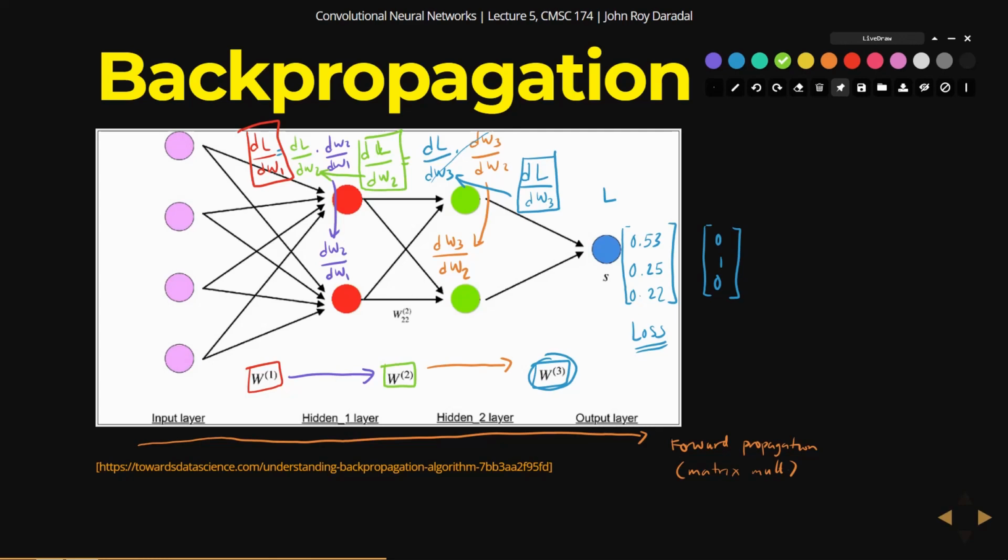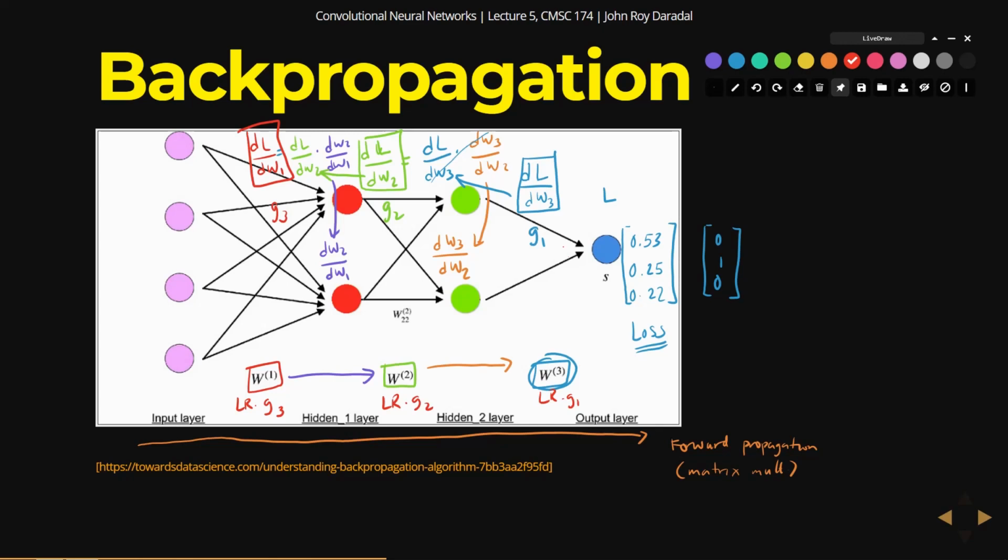So now that we have these three gradients, we will pair them up with our learning rate to update the weights here. I'll call this gradient 1, I'll call this gradient 2, and I'll call this gradient 3. And to update the weights, we will just have learning rate times gradient 3, and then for weight 2 we have learning rate times gradient 2, and learning rate times gradient 1.